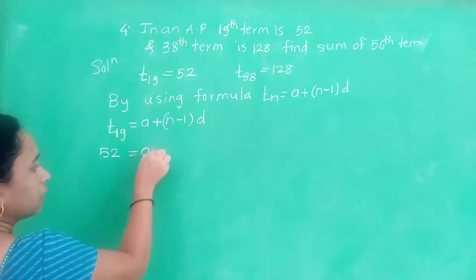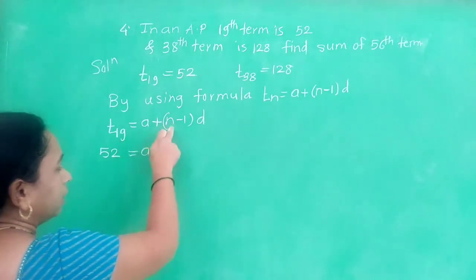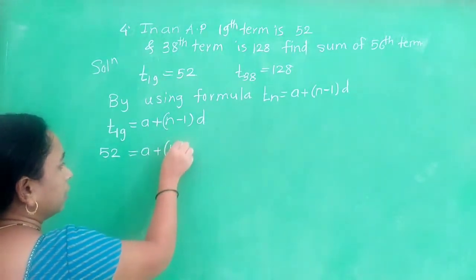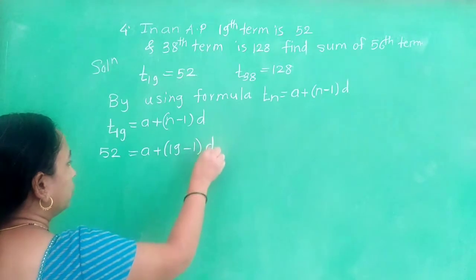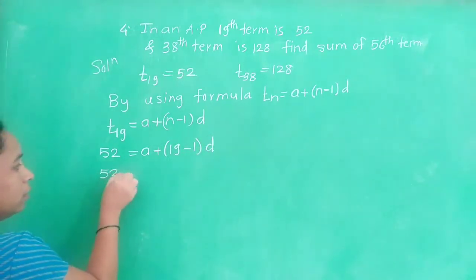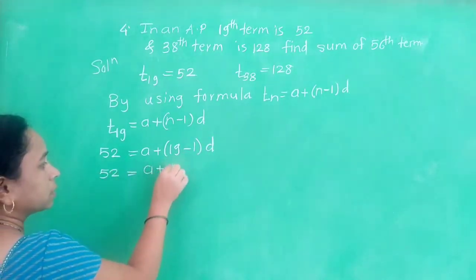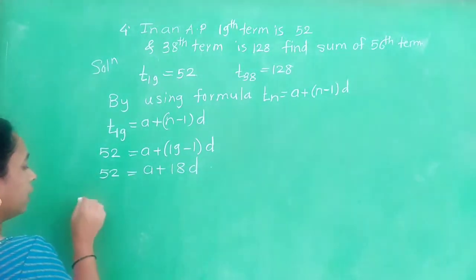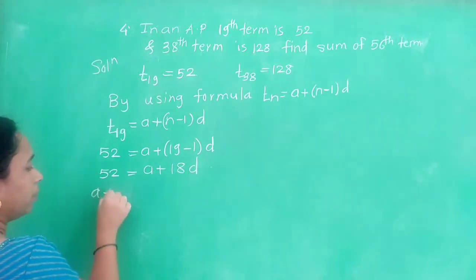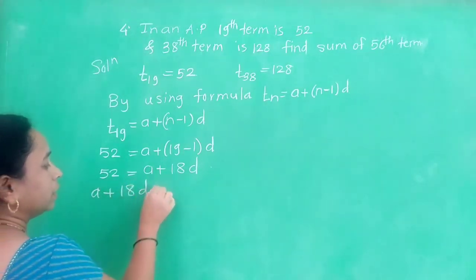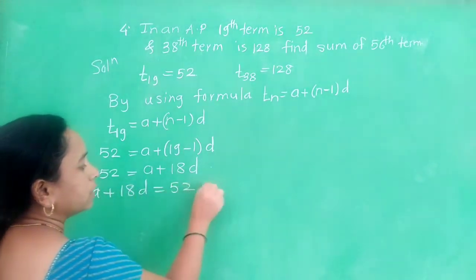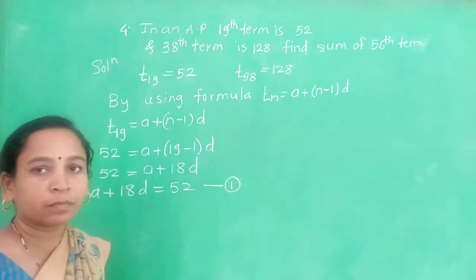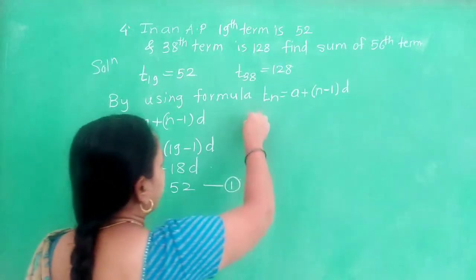Here A is unknown, but n's value is 19. So 19 minus 1 into D. After solving, we will get A plus 18D. Rearranging the equation, A plus 18D is equal to 52, and this is my first equation. Similarly, we will find the second equation.